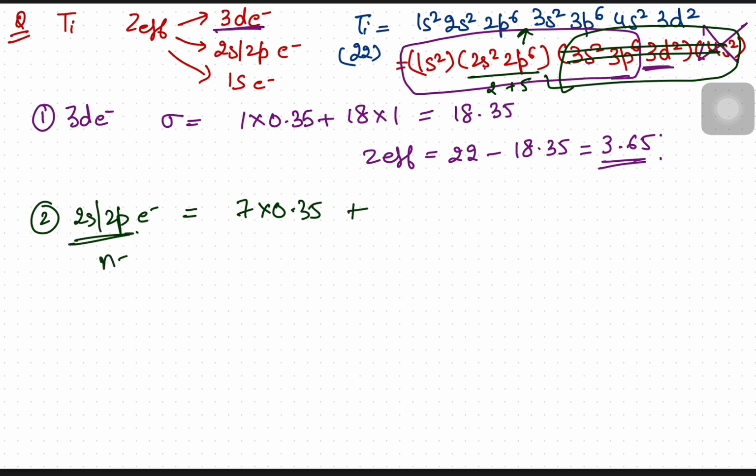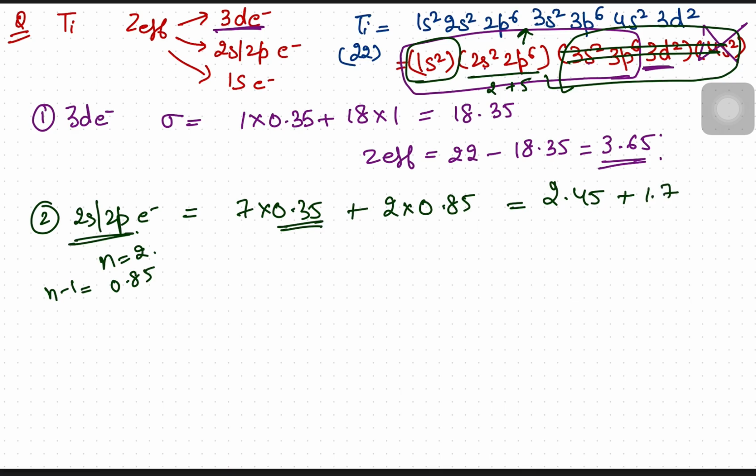Now here n is 2, so for n the contribution is 0.35. For n minus 1 the contribution was 0.85. n minus 1 means here 2 minus 1, that is 1. For these 2 electrons the contribution is this one. So students, you can calculate how much it is coming. 7 into 0.35, the value is 2.45, and for 2 into 0.85 the value is 1.7.